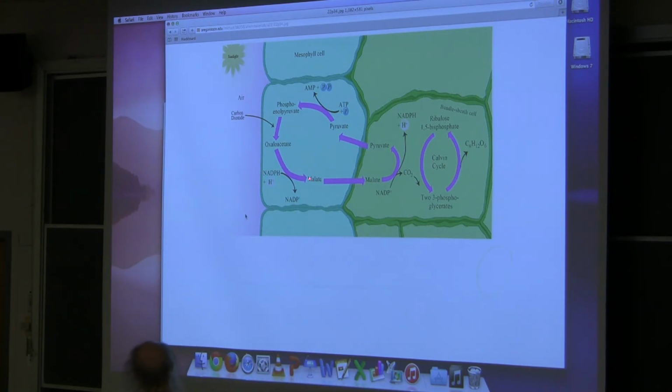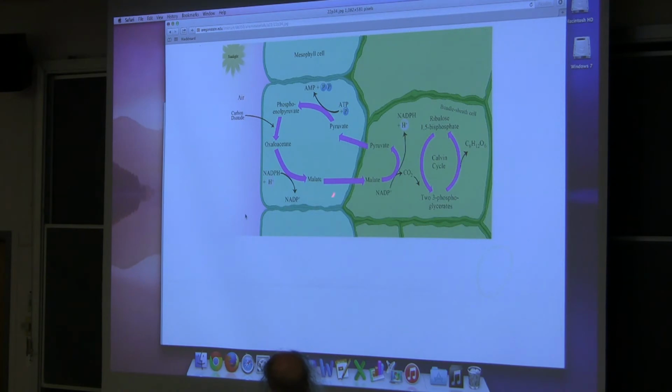Oxaloacetate gets reduced to malate. That's the reversal of a citric acid cycle reaction. It gets reduced to malate using electrons from NADPH, and you know where those come from. Malate gets transported into the cell region where the Calvin cycle is occurring. And what does malate do? Malate drops off its carbon dioxide.